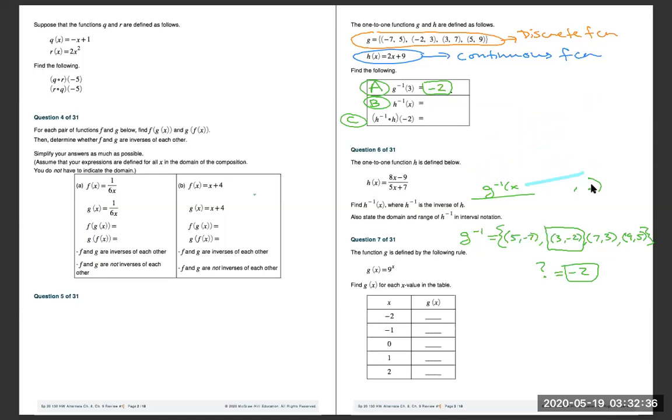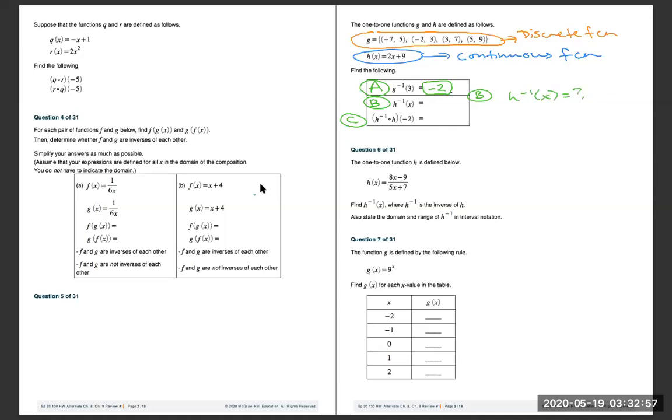Your next bit is looking for H inverse of X. Okay, so you have H of X already. There are some rules if you're trying to find an inverse function from an equation.